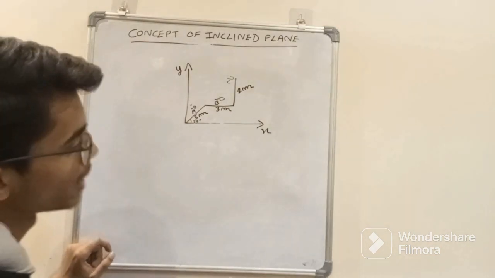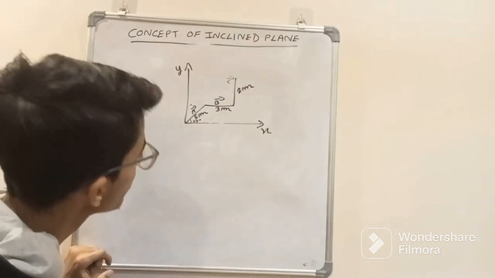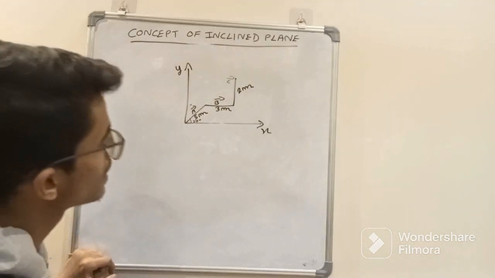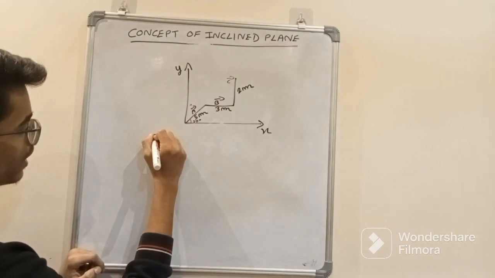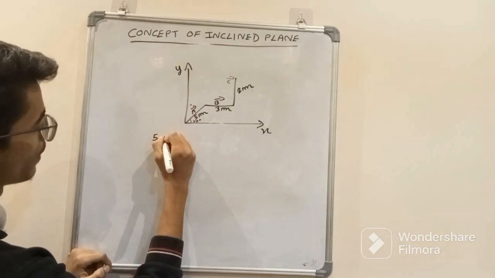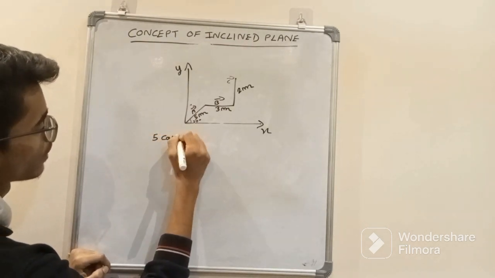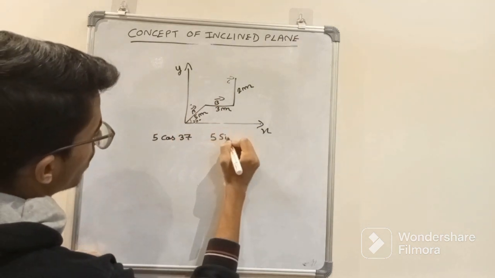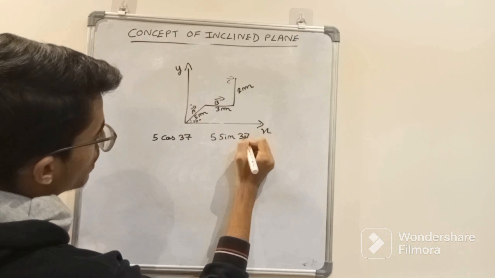All of us know one will be sin theta and the other one will be cos theta. So let's write 5 cos 37 and 5 sin 37.